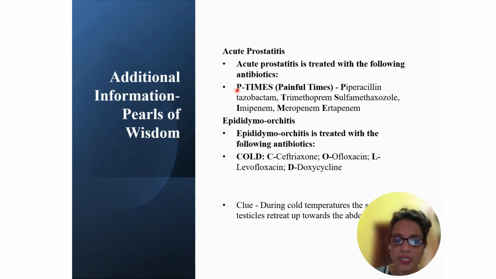So P represents piperacillin tazobactam, T is trimethoprim, S is sulfamethoxazole, together they constitute cotrimoxazole. I is imipenem, M is meropenem, and E is ertapenem. So P times is the mnemonic for empirical choice of antimicrobials in acute prostatitis.